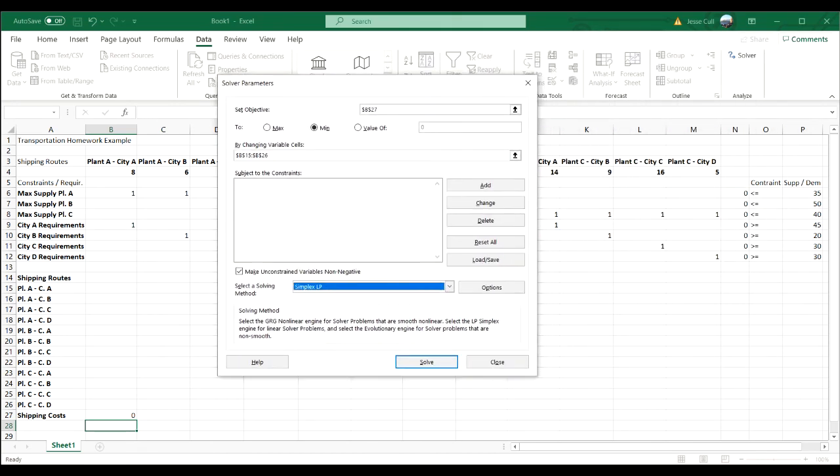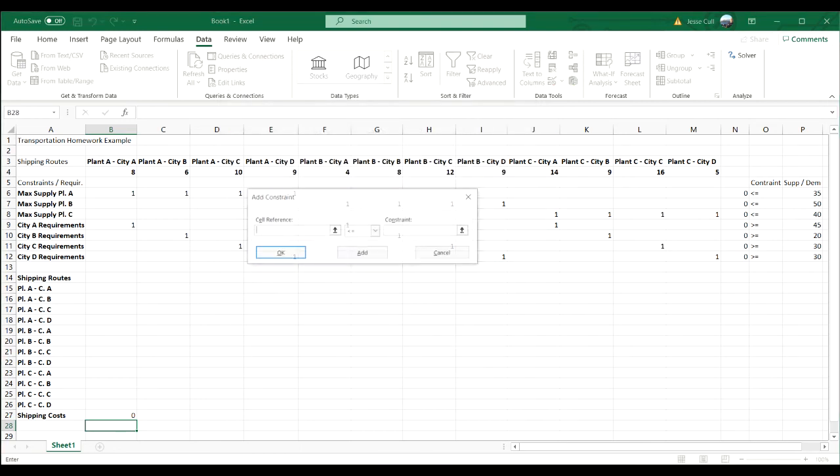Looking at our constraints, we see less than or equal to, less than or equal to, less than or equal to. So all three of those can be entered as a single constraint. The computer is able to read that information. So we're going to add it here. Constraint number 1 must be less than or equal to these three.